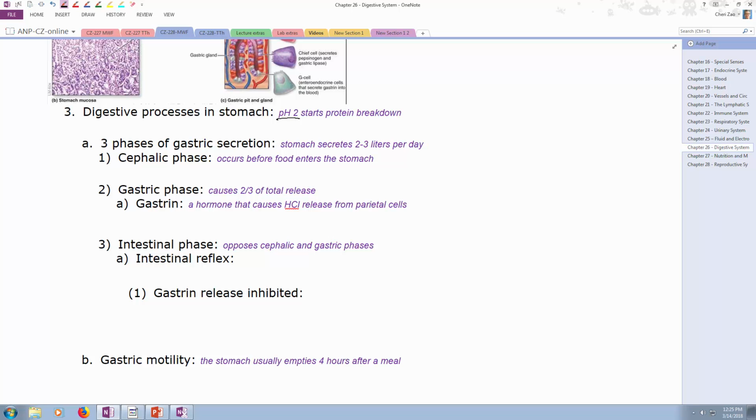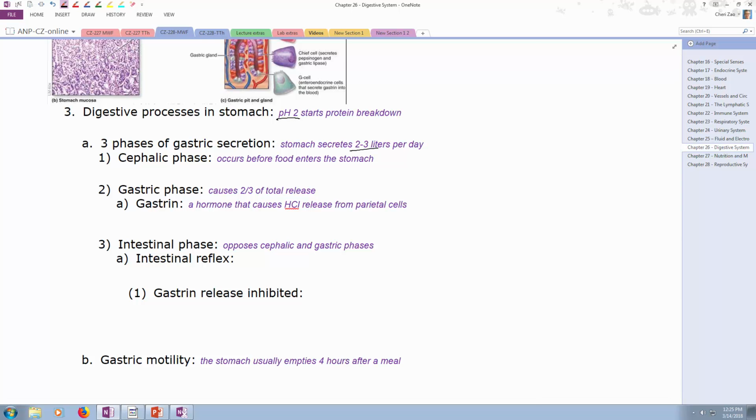The 3 phases of gastric secretion, in other words gastric juice production, are the cephalic phase, the gastric phase, and the intestinal phase. So head, stomach, and then gut or small intestine. It's important to realize the stomach will secrete 2 to 3 liters per day of gastric juice.